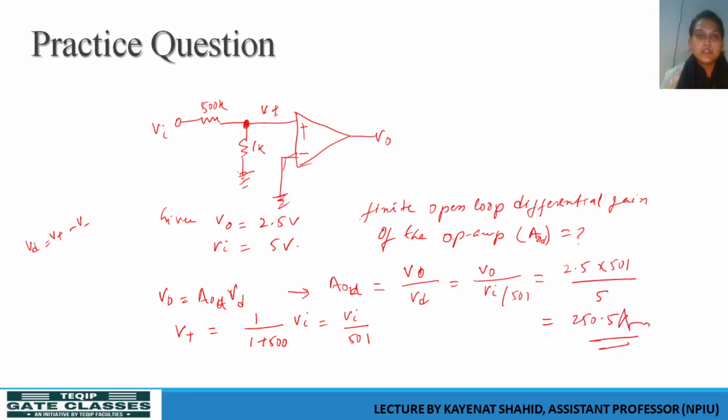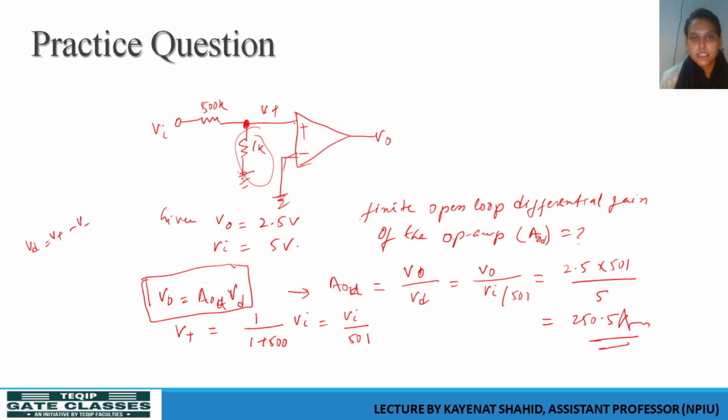This is just to show that because it is an open loop system, we are not saying this terminal is grounded due to virtual ground. We are just finding the potential drop across the 1 kilo ohm resistance and solving the equation, nothing else. If there were feedback, the feedback would have tried to make this terminal voltage grounded also, due to the virtual ground concept.